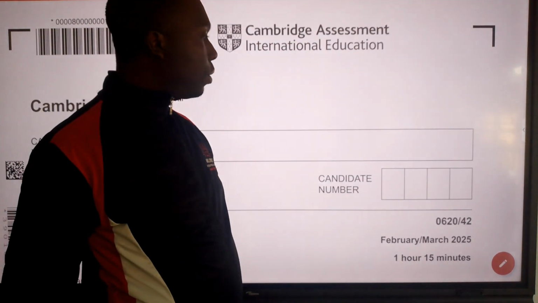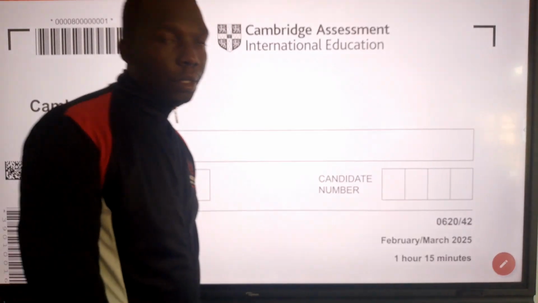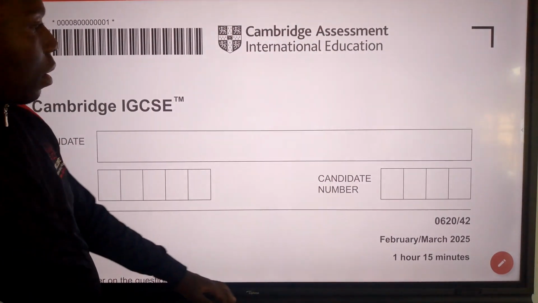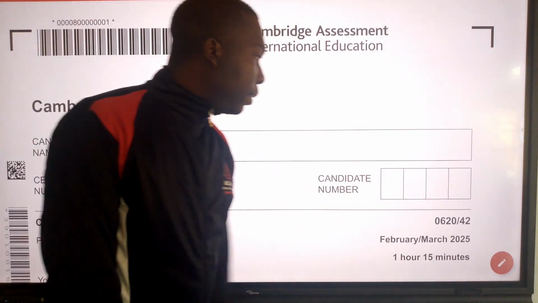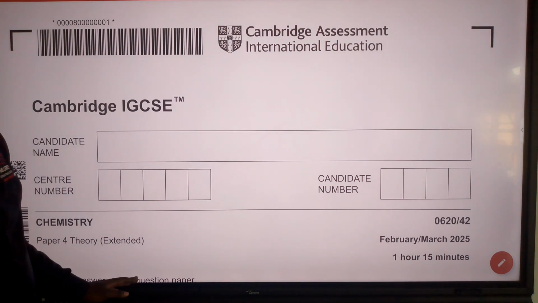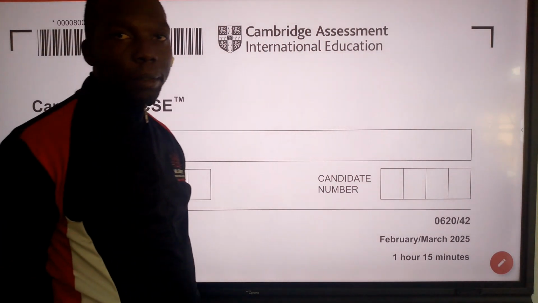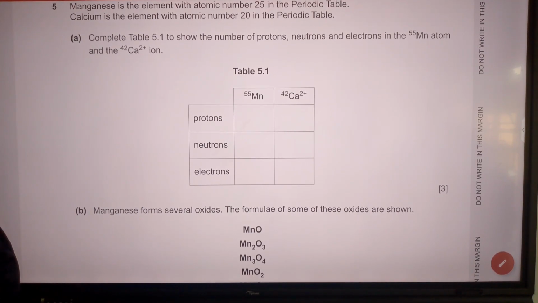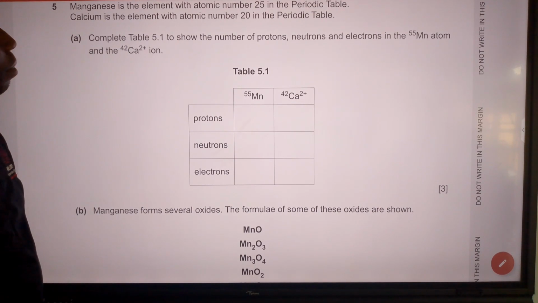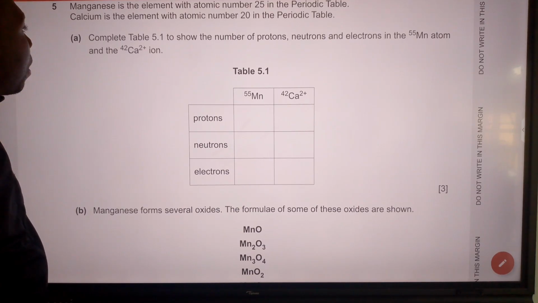Today we're going to do question number 5 of 0642 February March 2025, which is chemistry paper 4 in extended paper. Manganese is the element with atomic number 25 in the periodic table. Calcium is the element with atomic number 20 in the periodic table.